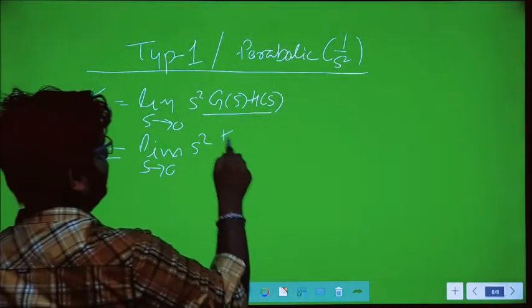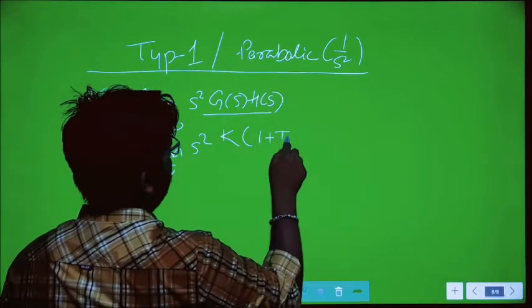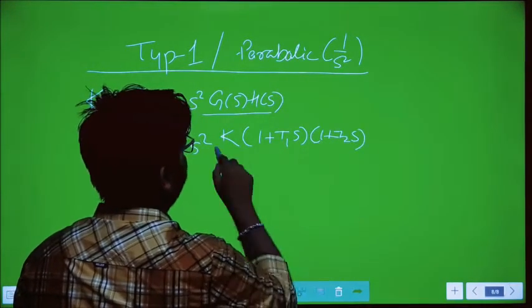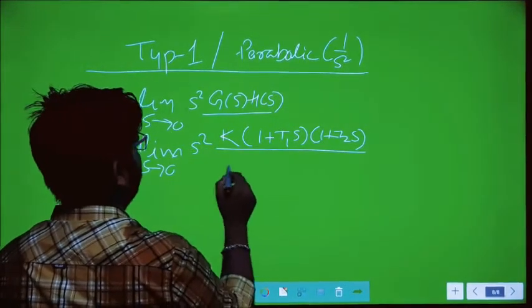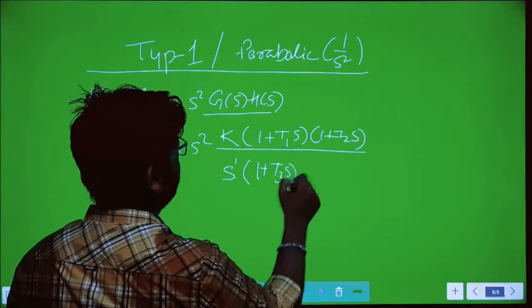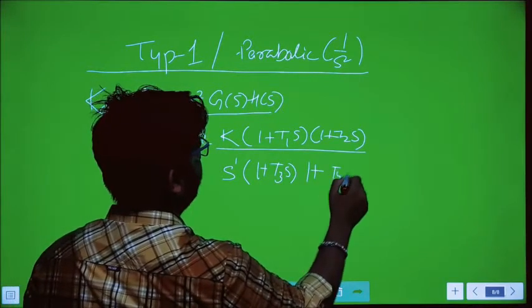will be somewhat like this: K into (1 plus T1 s) into (1 plus T2 s) divided by s to the power 1 into (1 plus T3 s) into (1 plus T4 s).